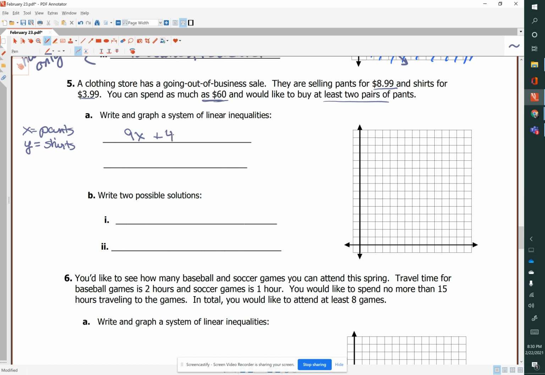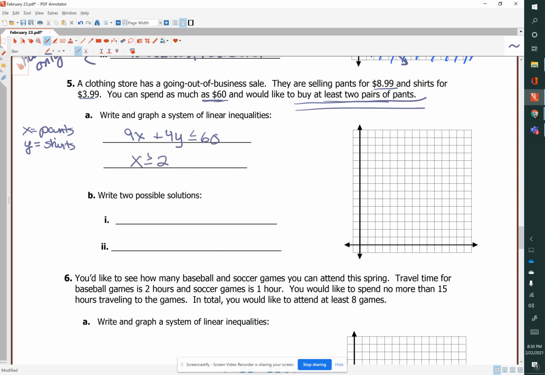I'm going to round up to 4Y is less than or equal to 60 because they can't spend more than $60. And with these pants and these shirts, I don't have an X plus Y. All they say is they want to buy at least 2 pairs of pants. So X must be greater than or equal to 2.